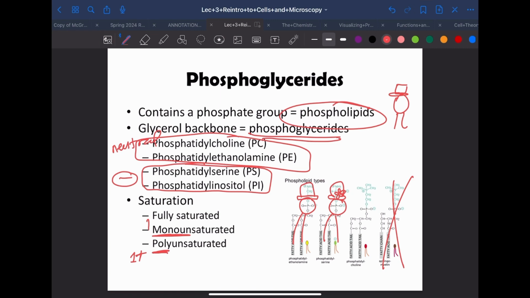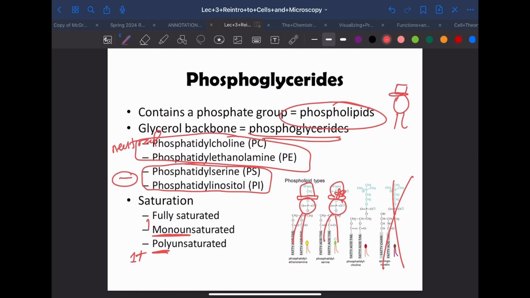So if you have the head group, so the phosphate group, right, and you stick a hydrophilic group on top of it, the more hydrophilic that group is on top, the hat, the more soluble the water domain becomes.